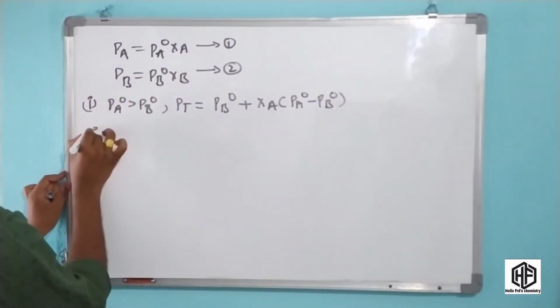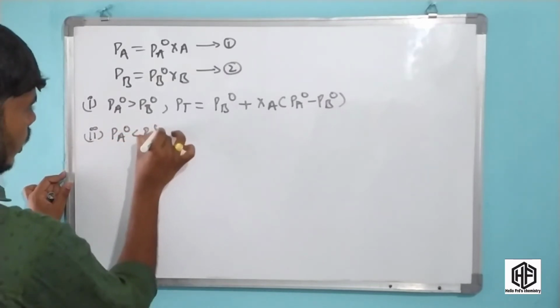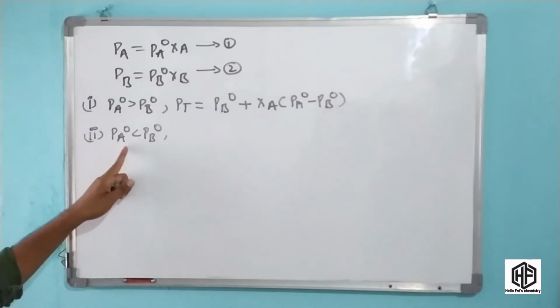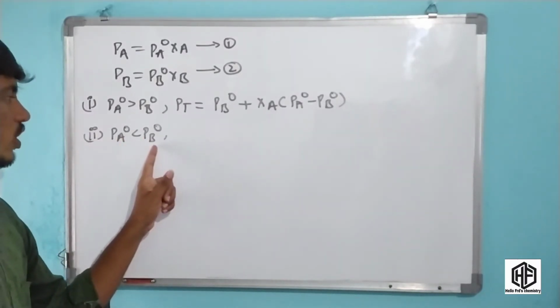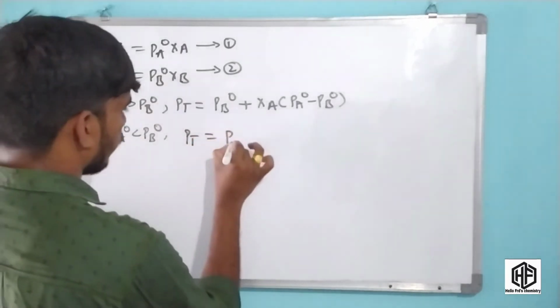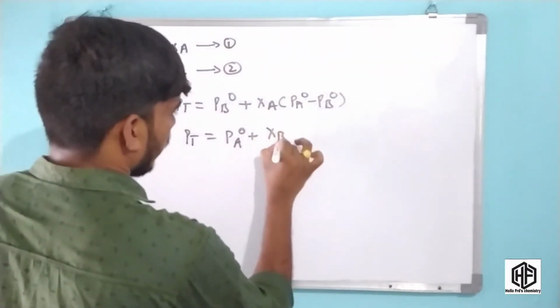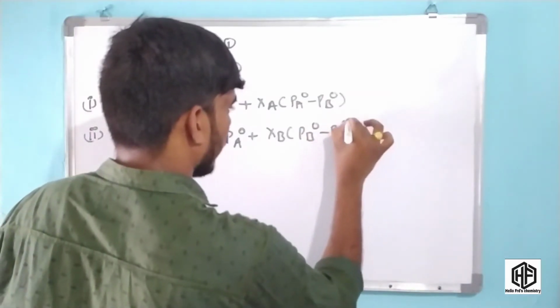But in case PA naught is very less compared to PB naught, which means the vapor pressure of pure liquid A is very less compared to the vapor pressure of pure liquid B, what happens, friends? Total pressure PT is equal to PA naught plus zeta B into PB naught minus PA naught.